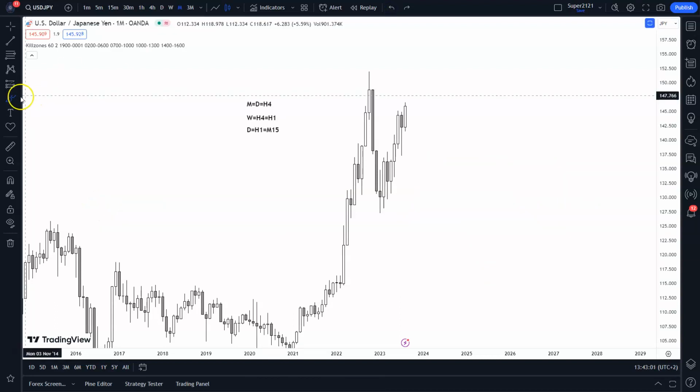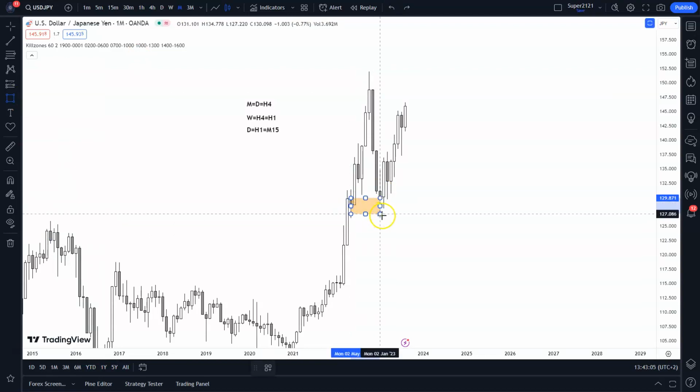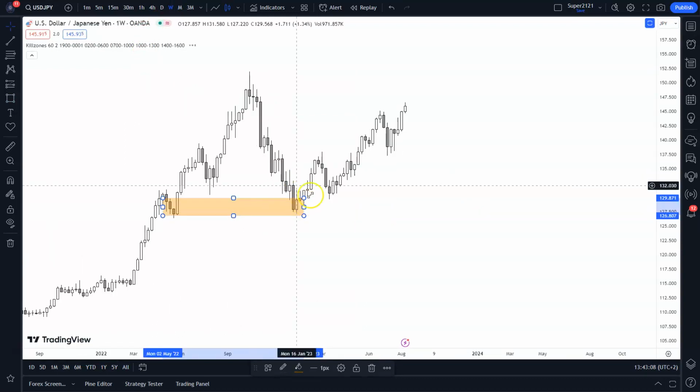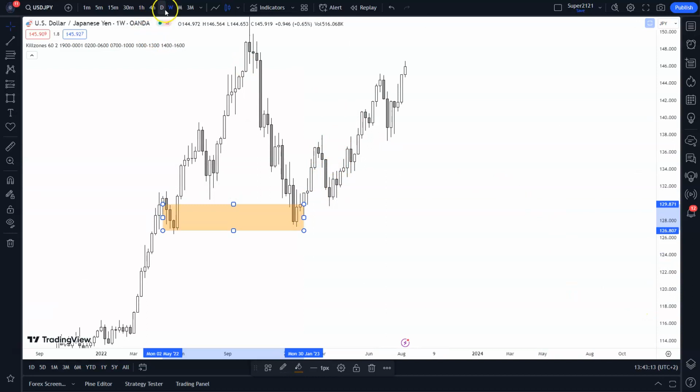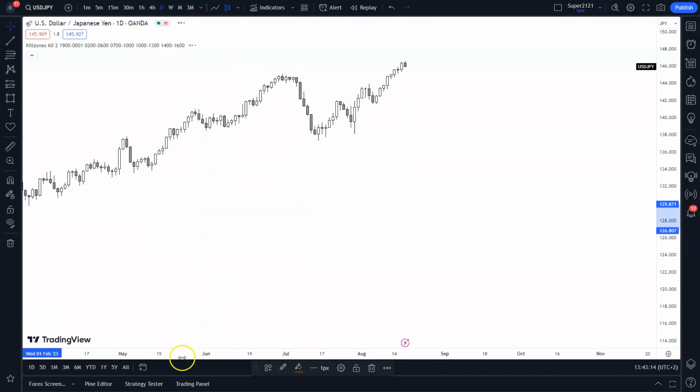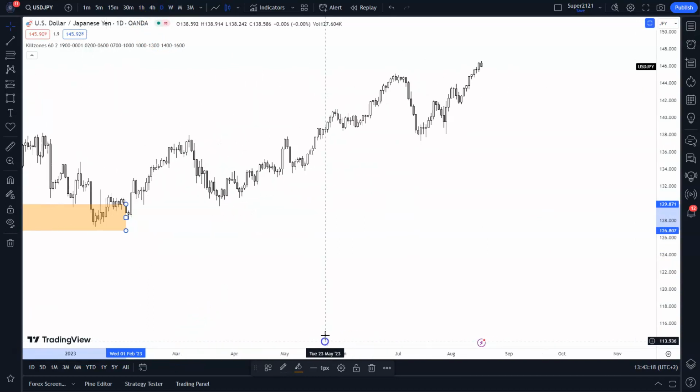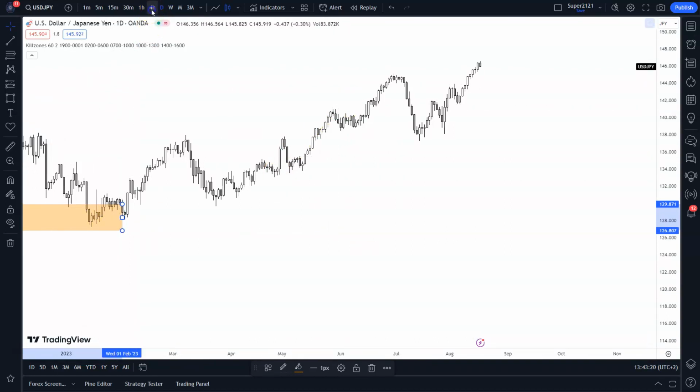So now, since we have this one as our point of interest, remember when I say weekly, there's nothing much that is clear. That's why it's recommended to go with daily. You see, daily starts to show itself, and H4.